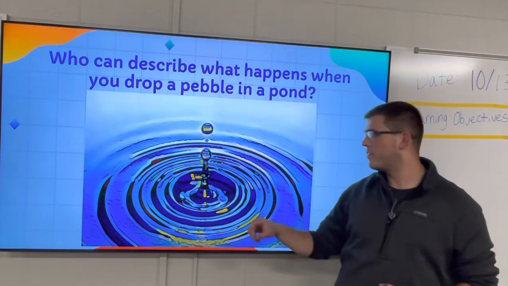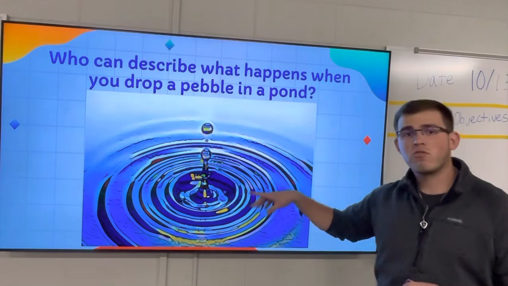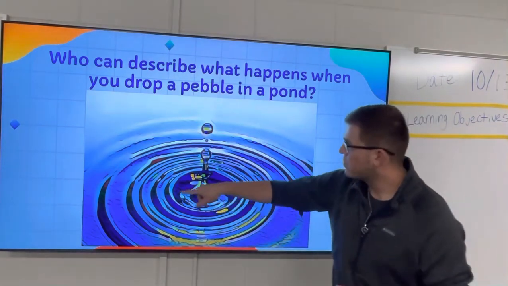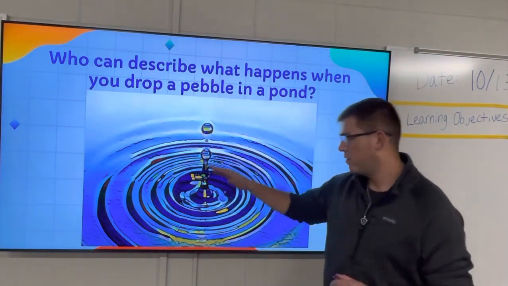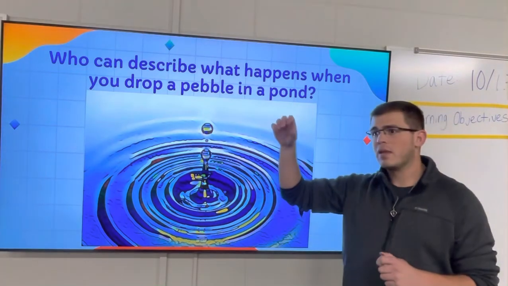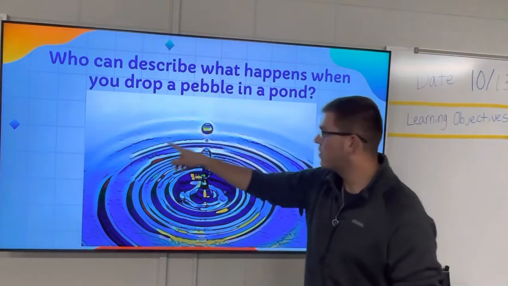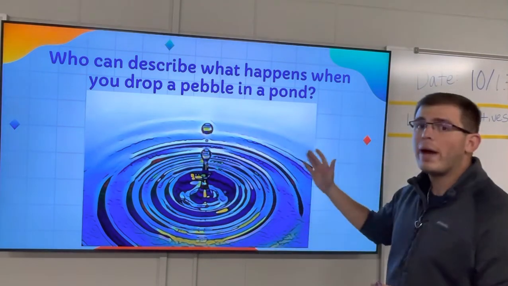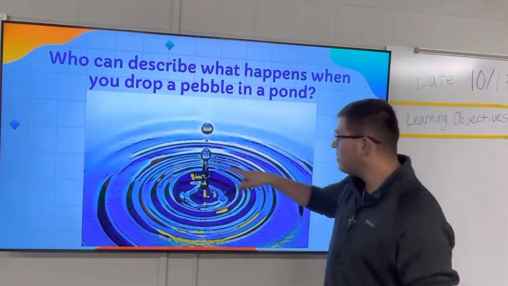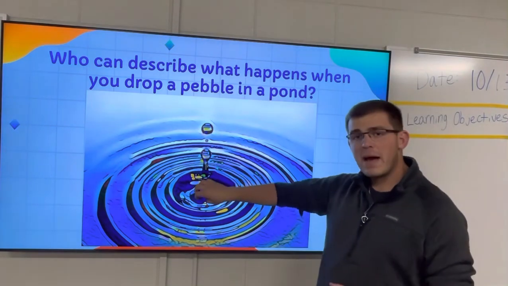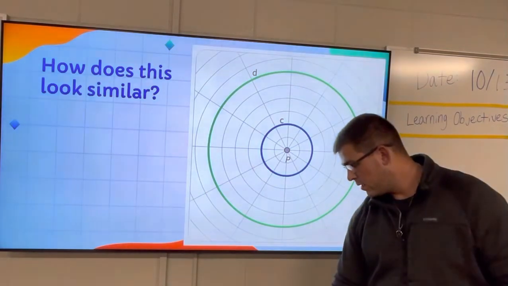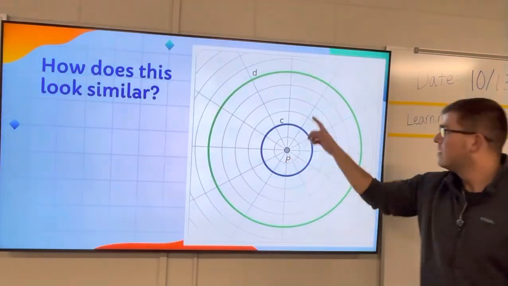We'll call this the center. And it has that ripple effect. There are circles coming out, and the further they go away from the center, the bigger the waves get. But they're all pretty much perfect circles, all leading back to that center. It looks kind of similar to this right here.